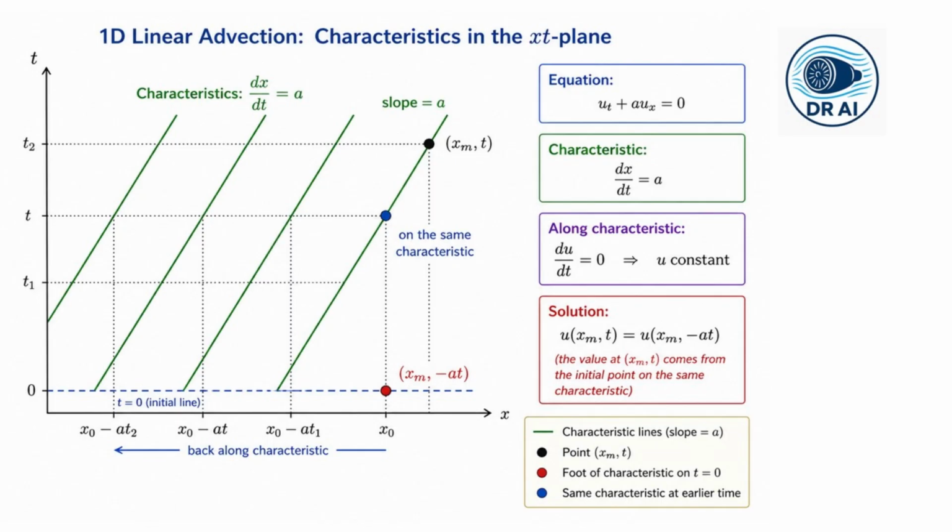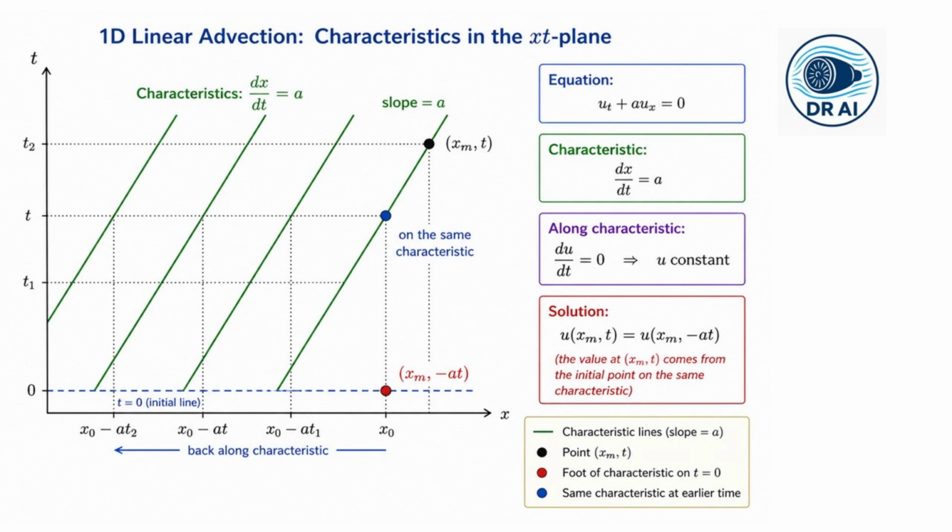Along the curve dx/dt equals a, u is constant. So that particular curve is a characteristic, and the PDE becomes the ordinary differential equation du/dt equals 0. The initial profile simply translates at speed a without changing shape, so the solution is u(x,t) equals u(x minus at, 0).